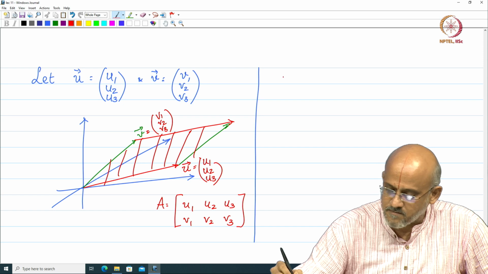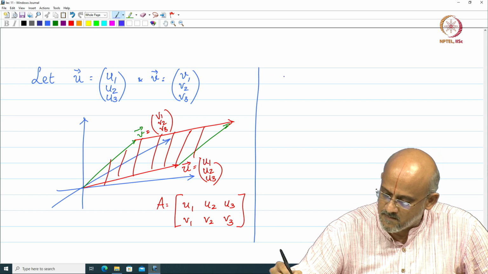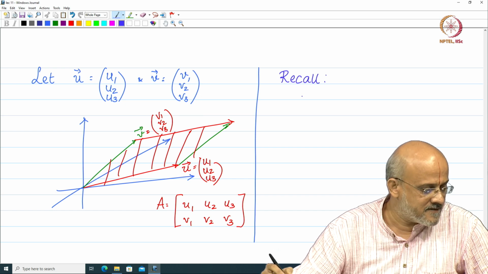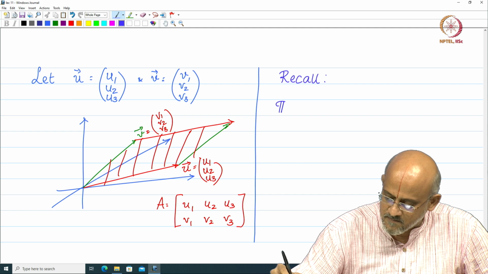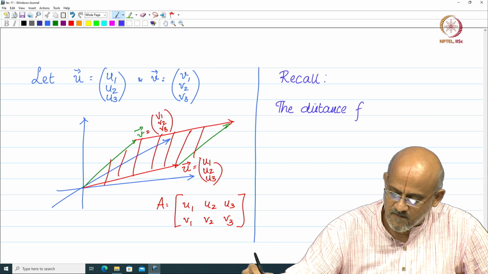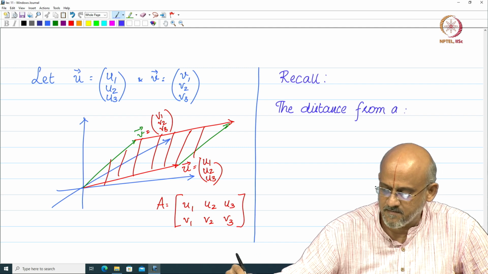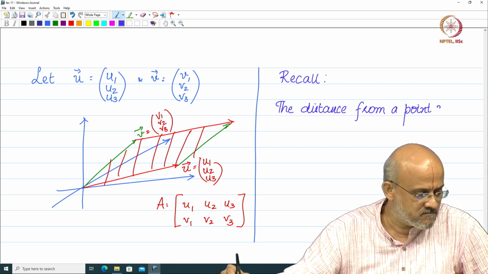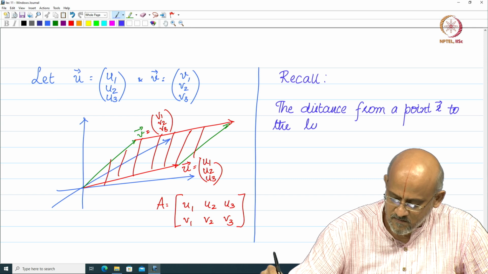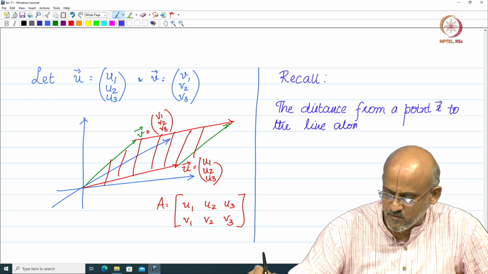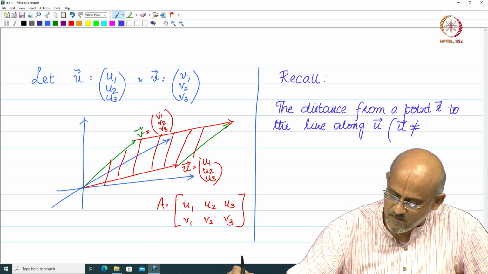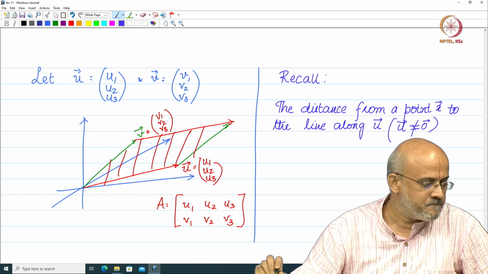Recall. We said that the distance from a point x to the line along a non-zero vector u, along u, not equal to 0, it is not the 0 vector.